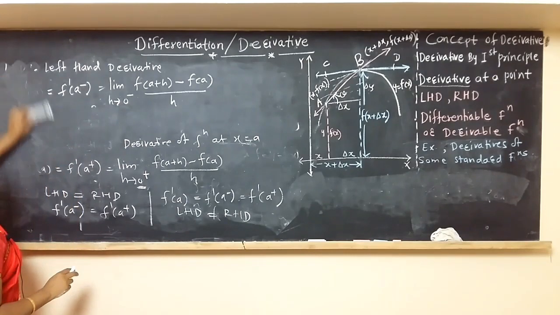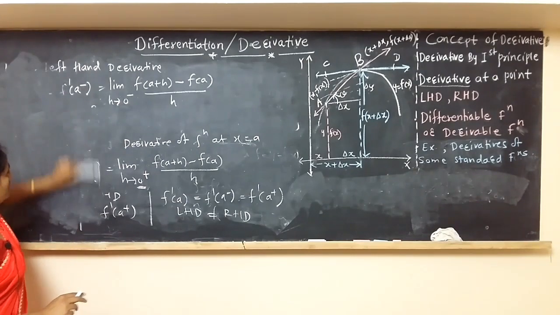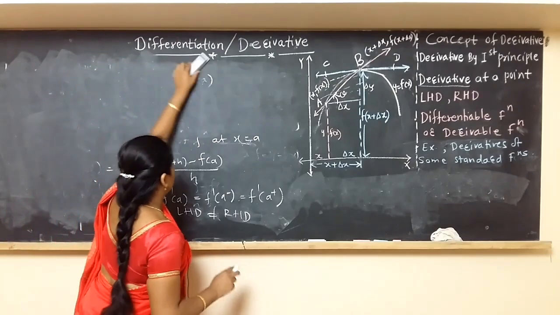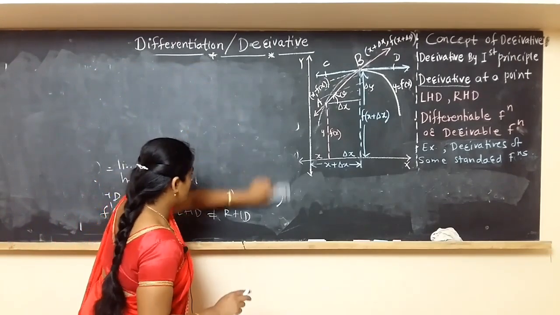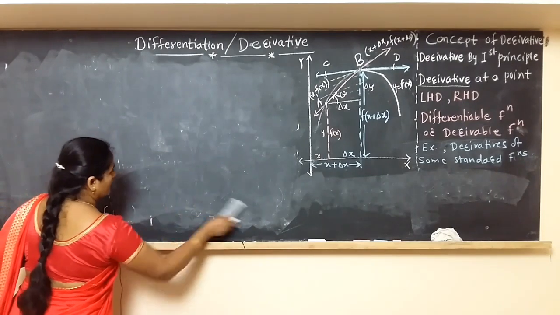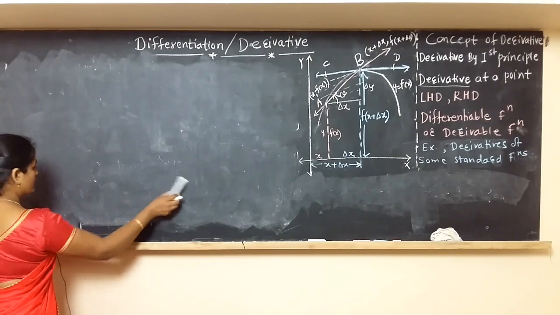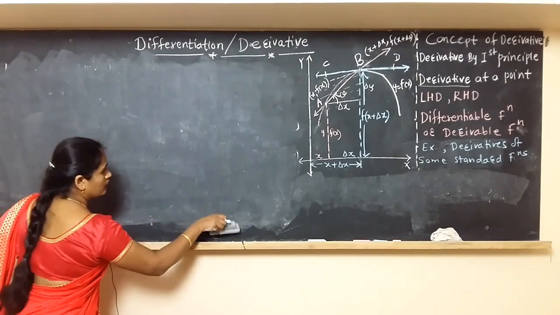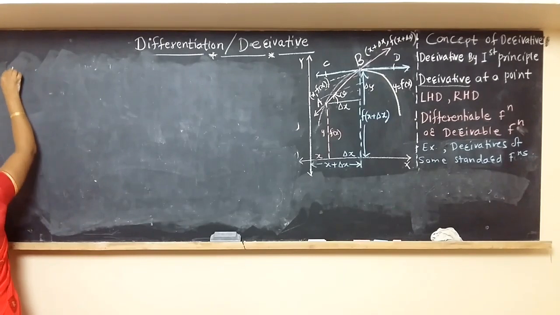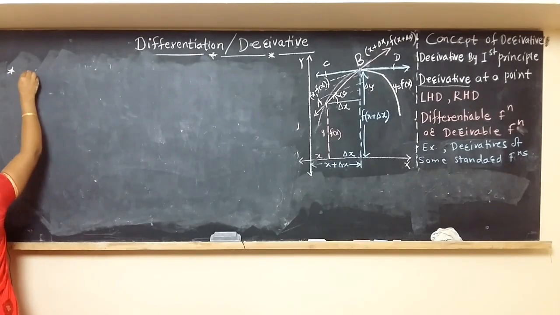So now let us see how to use the definition of first principle to find out derivatives of standard functions. For that I am going to take one example here.